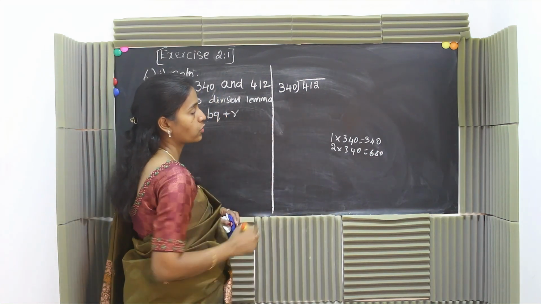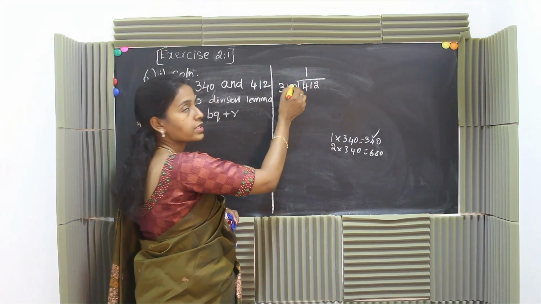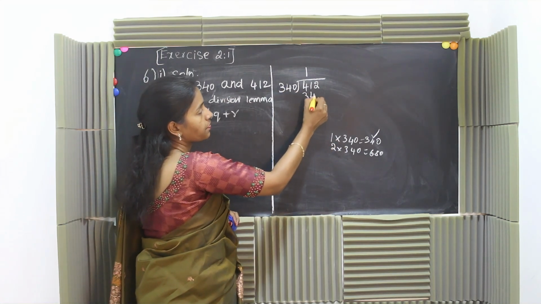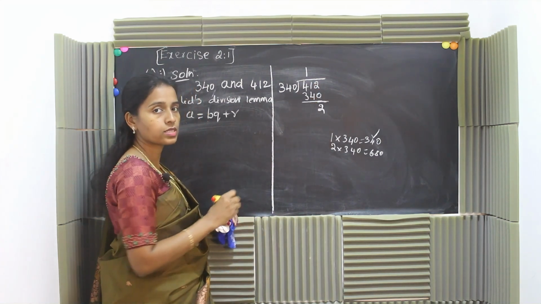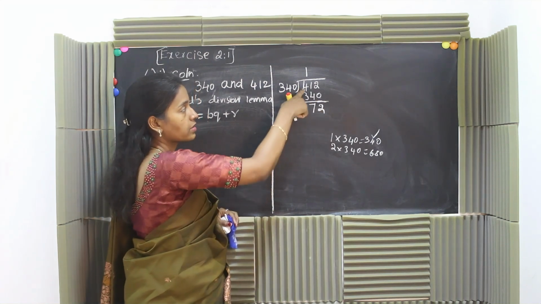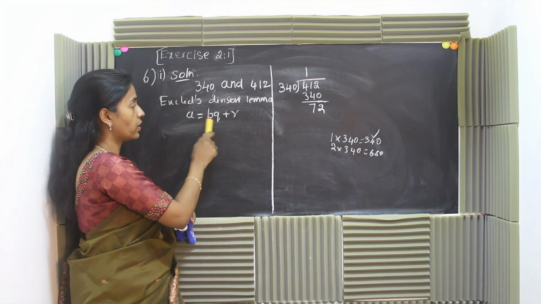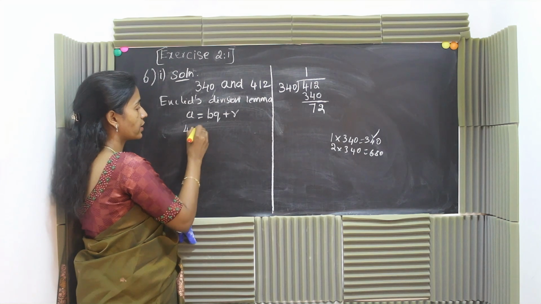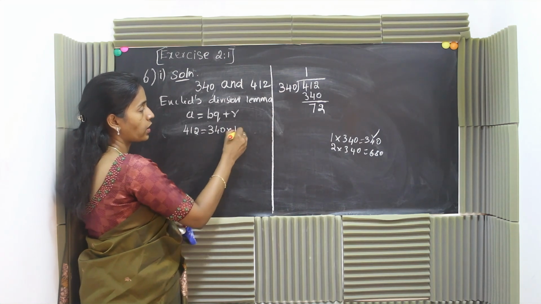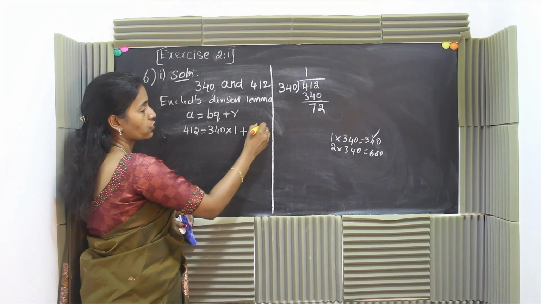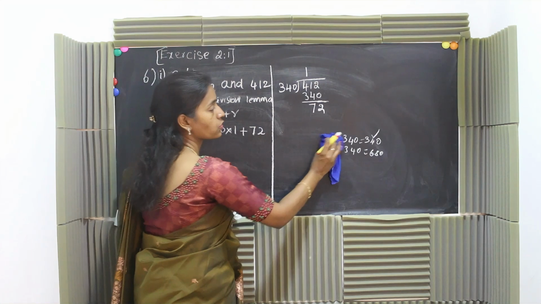We have 412, so we can use 1. 1 into 340, 340. 412 minus 340 gives 72. Then, we should apply all the values in this formula. What is A here? 412. What is B here? 340. Q, 1, plus R, 72.